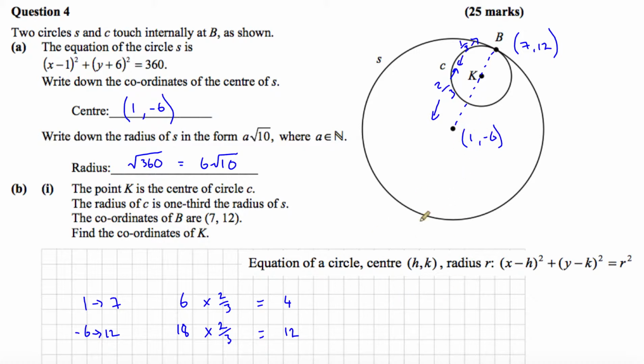So if we go a jump of positive 4 from 1, in other words 1 plus 4 gives us 5, and from negative 6 we do a jump of 12, that gives us the y coordinate of 6. So then the point K is the point (5, 6).